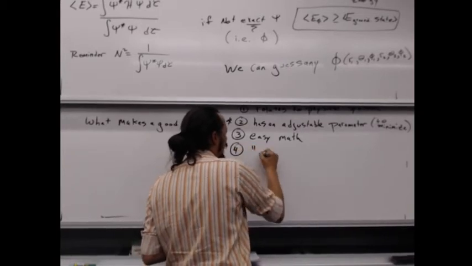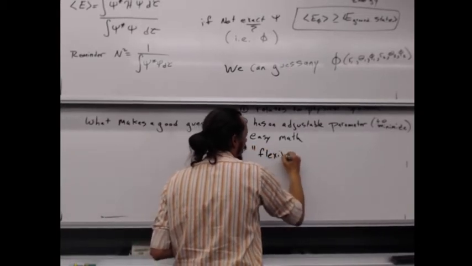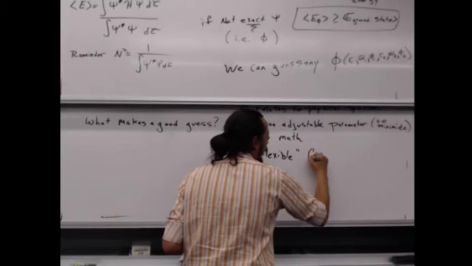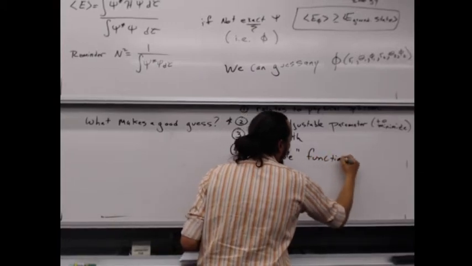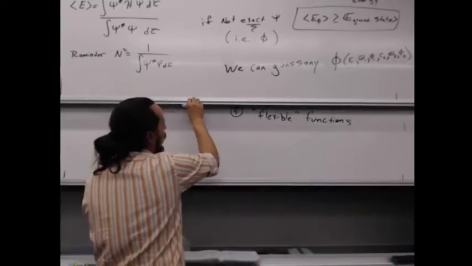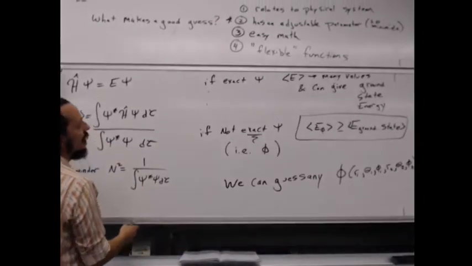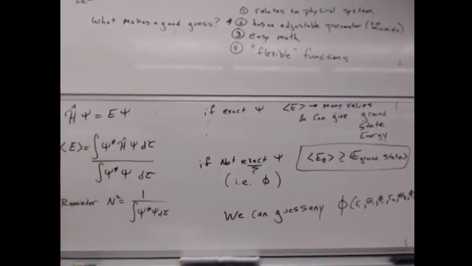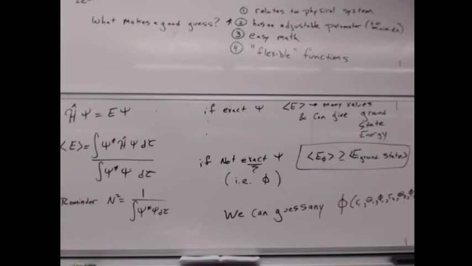And the 4th thing that we really like to have is flexible functions. That is to say, we like to have functions that aren't overly defined, that aren't rigid and only stuck in one spot. Now, there are some times where there's benefit to having really rigidly defined functions and trying to get answers in very specific spots.